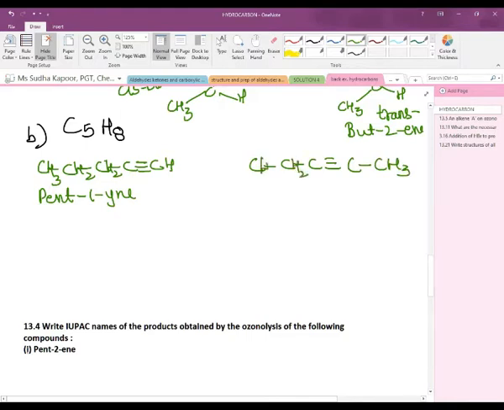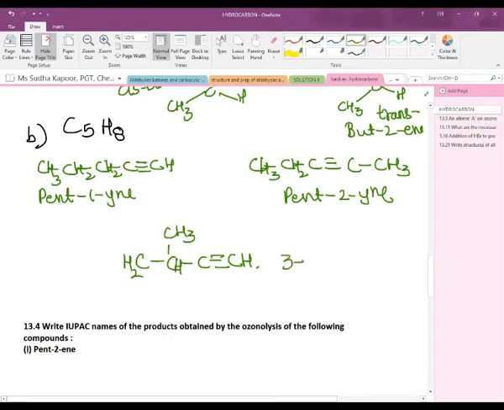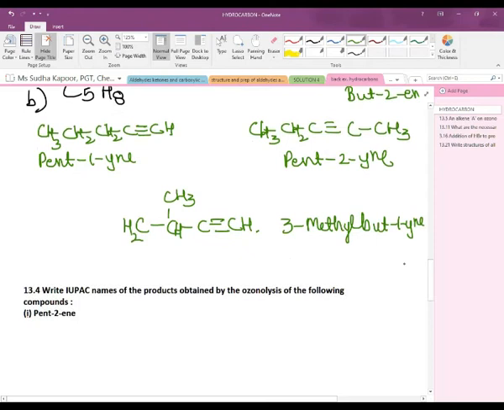So it becomes pent-2-yne. Now the third one, making the chain a little bit smaller. Now the branch can only be placed on this carbon, completing the number of the hydrogen atoms. So what we get here, it is 3-methyl-but-1-yne.